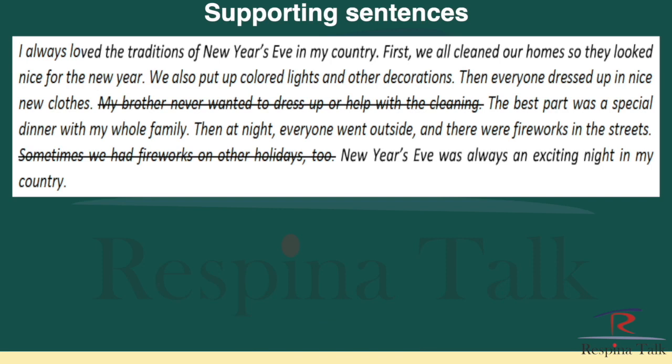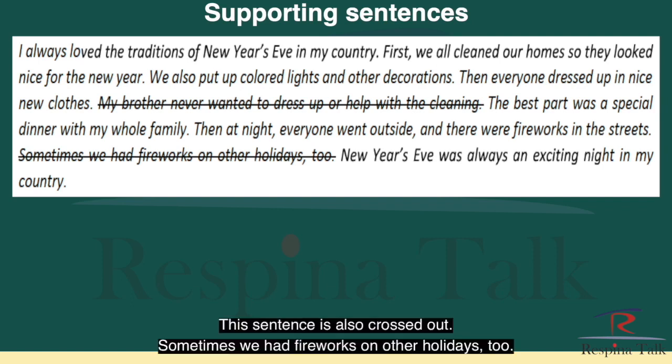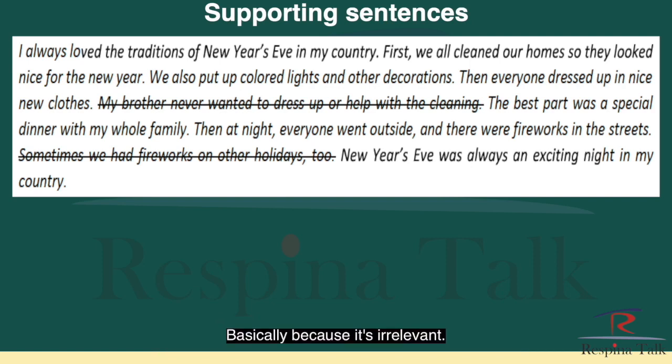The rest of the paragraph. The best part was a special dinner with my whole family. Then at night, everyone went outside and there were fireworks in the streets. Sometimes we had fireworks on other holidays too. Attention, this sentence is also crossed out, because it is irrelevant. And the last sentence, New Year's Eve was always an exciting night in my country.